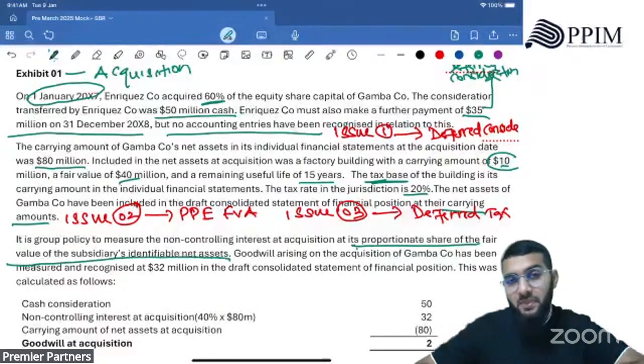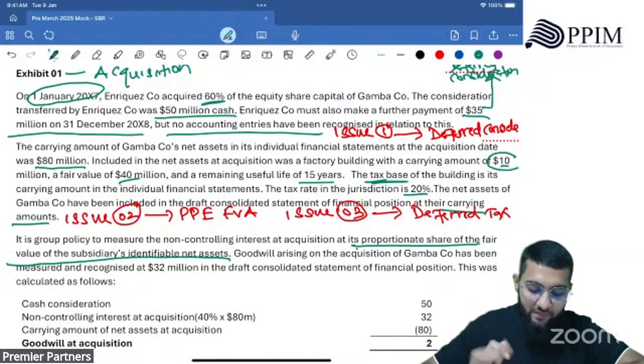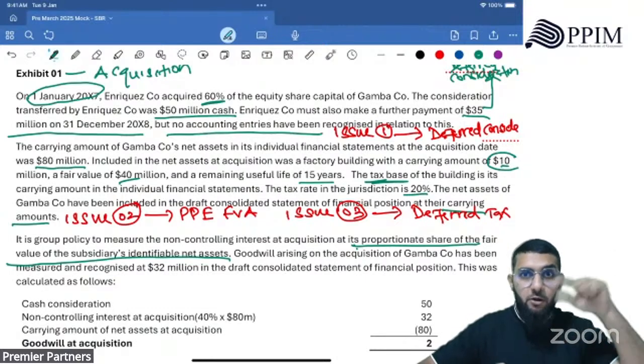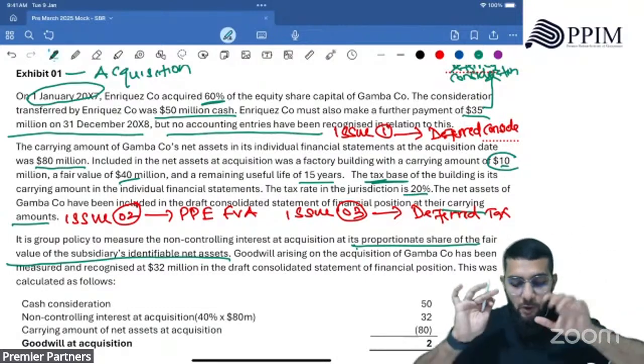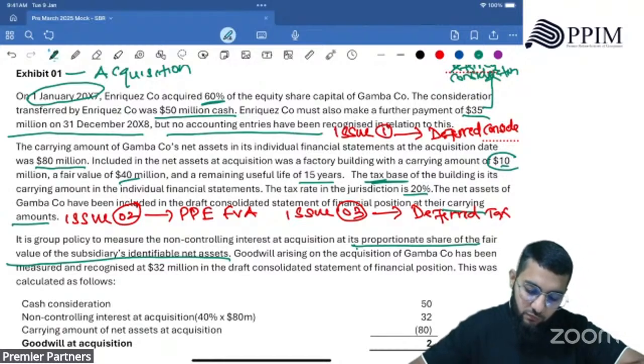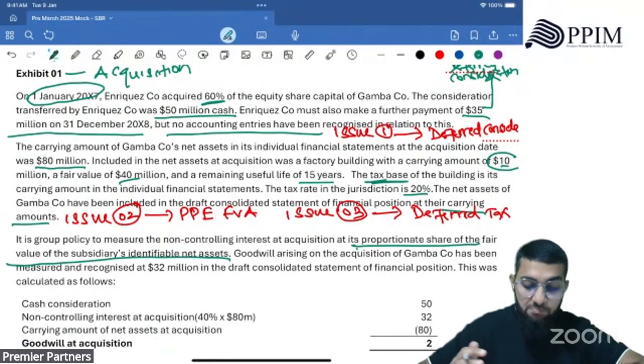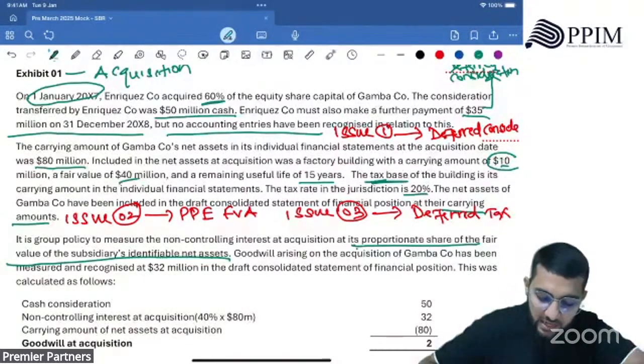Now, what does that mean? Had they done the calculation, they would have done it at carrying amount as well. Net identifiable assets at carrying amount. Based on that, they've calculated the NCI. Another problem. That's issue number 4. Goodwill arising on the acquisition of Gamba Co. has been measured and recognized at 32 million in the draft consolidated statement of financial position. I mean, 32 million is what they have taken as the identifiable net assets base proportionate share for NCI.